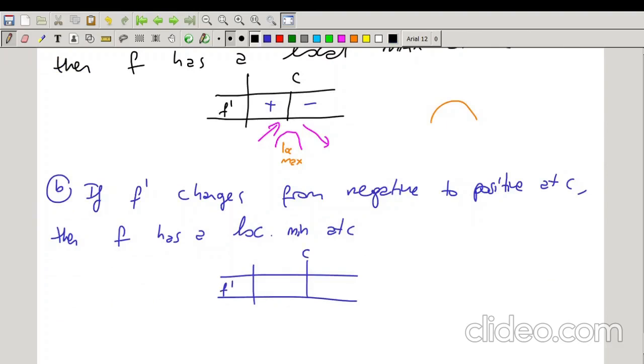It says f is changed from negative to positive. Here it is decreasing, here it is increasing. In other words, we have the following shape. So here we have local minimum. So it has the following figure. You can verify that easily. So this is a kind of minimum, and that is a kind of maximum, locally, of course.